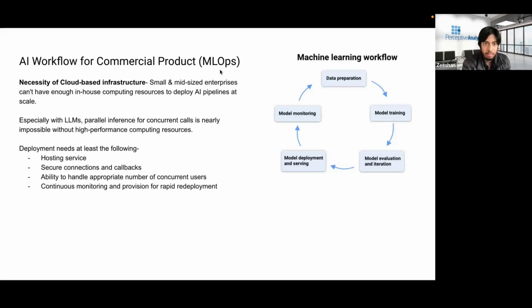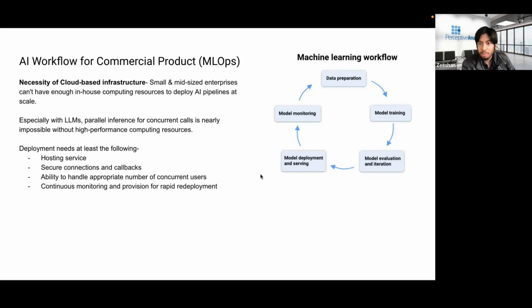The first step is always data preparation and processing. After that, we have model training or selection of models, and then the evaluation part. These three parts constitute most of the research work.